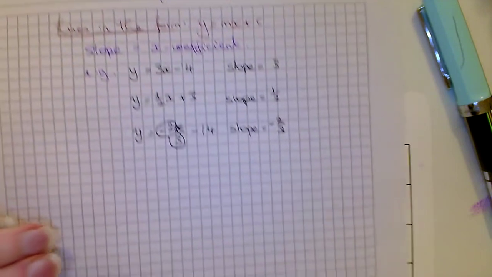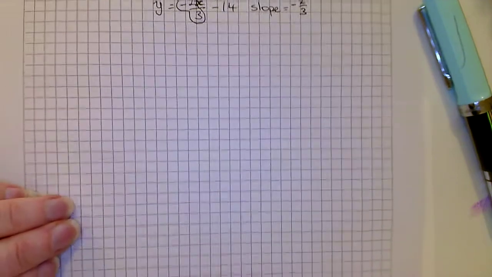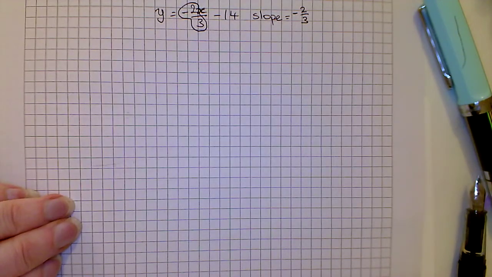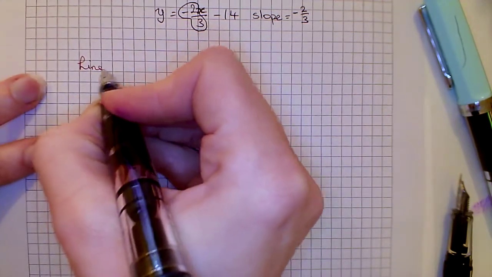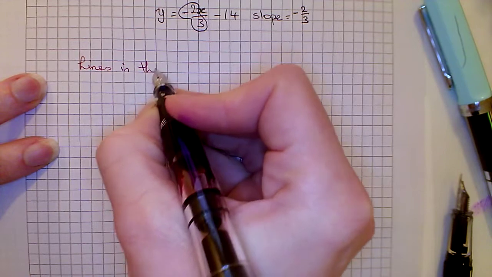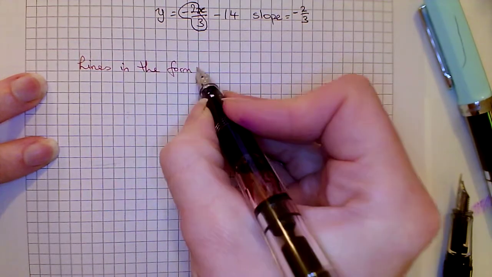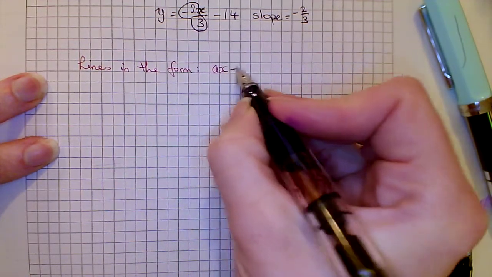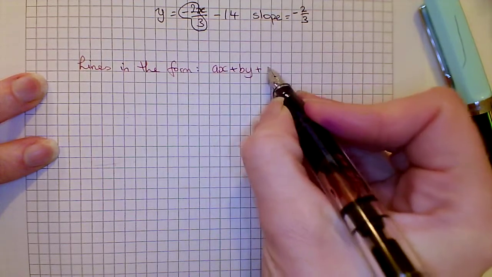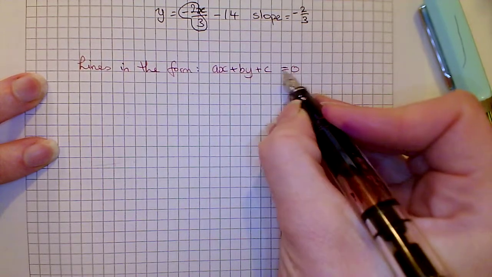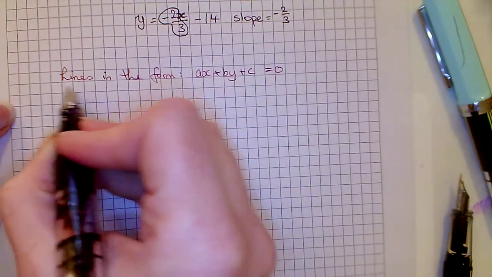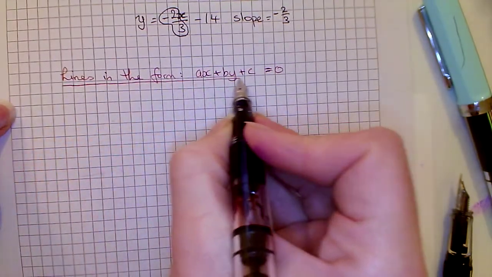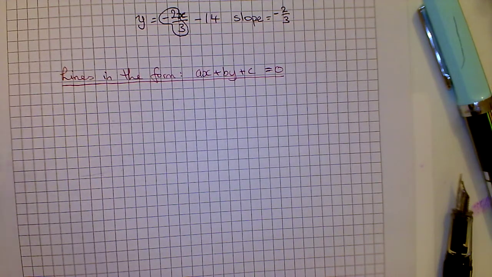Okay, so those are easy, but that's not the only way that we write our lines, as we know. We might have our lines in the form something times x plus something times y plus something, all equal to 0. So this was how we learned to write our equations of the line, everything on one side all equal to 0.